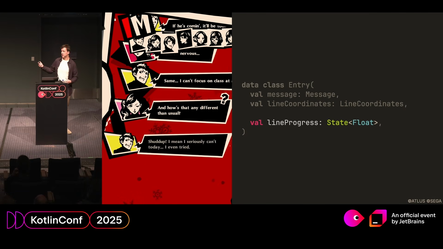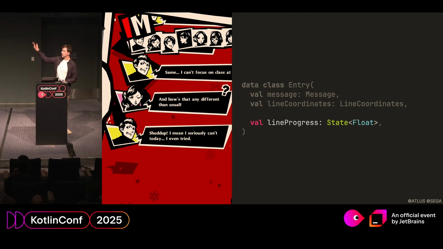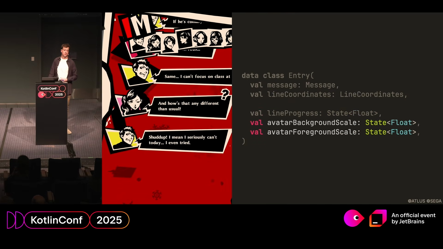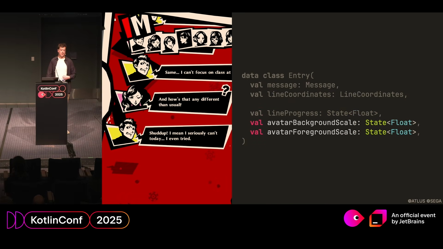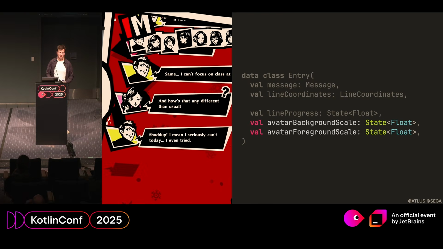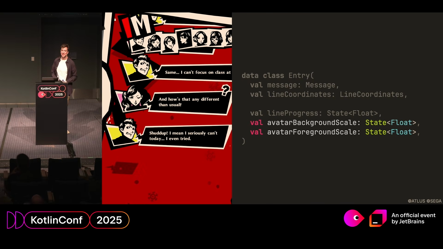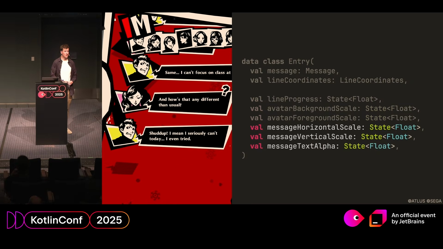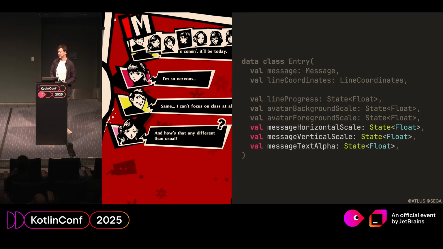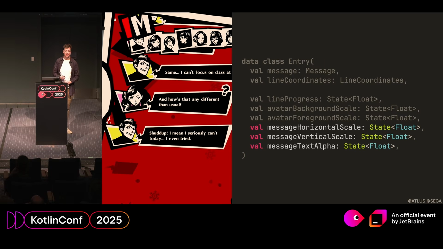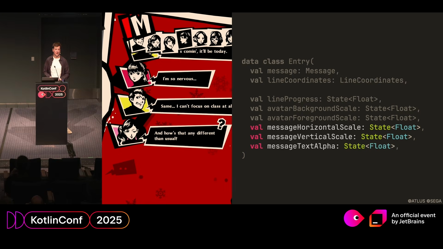So if it were, say, 0.5, that would mean that the line would be halfway connected between these two items. The avatar background and foreground, unfortunately, animate in at slightly different times, so we need two different properties for each of those. For the message itself, its horizontal and vertical scale are different, so two more properties, and then also the alpha of the text. But this should be everything we need in order to animate an individual message.